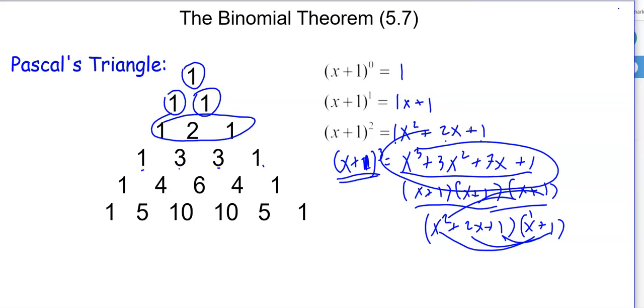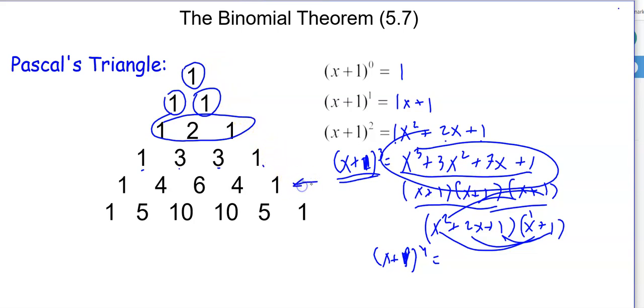So this is a way of shortcutting it, by using each row in the Pascal's triangle to generate those. In other words, if I wanted to do (x + 1) to the fourth, I would look at the 0 power, which is the first row, so first, second, third, fourth.